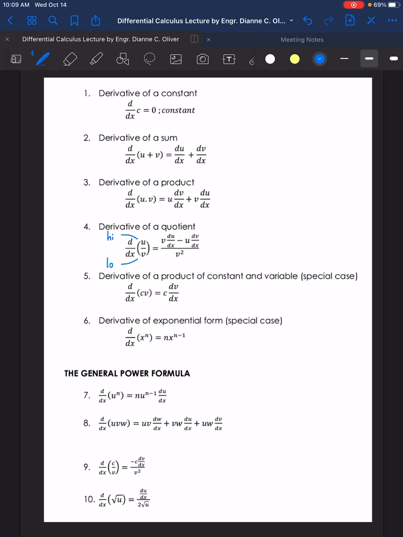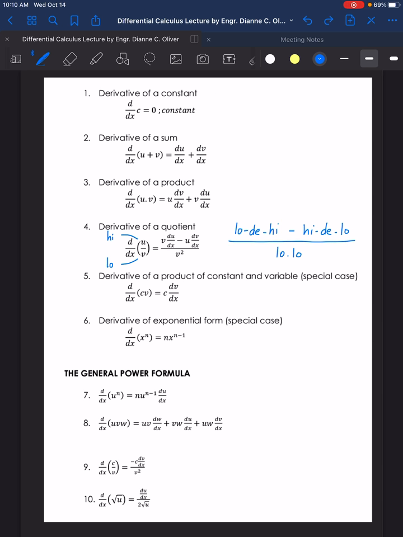And we will have here a pattern wherein we use low, derivative of high, minus high, derivative of low, all over low. Okay? So, low di high, minus high di low, over low.